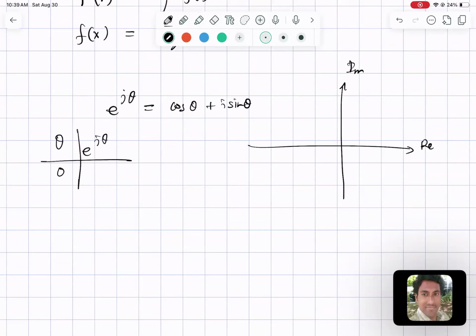If theta is 0, you get 1. So that's here. If theta is pi over 2, you get i. That's here. And theta is pi, you get minus 1. That's here, right? That means you're basically rotating this way.